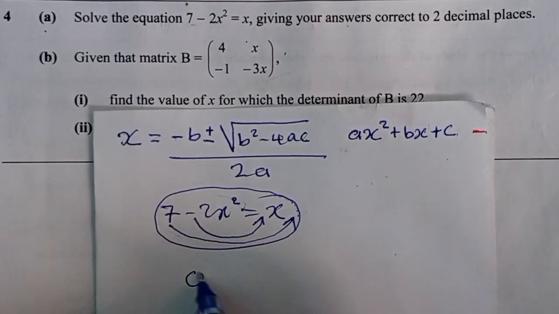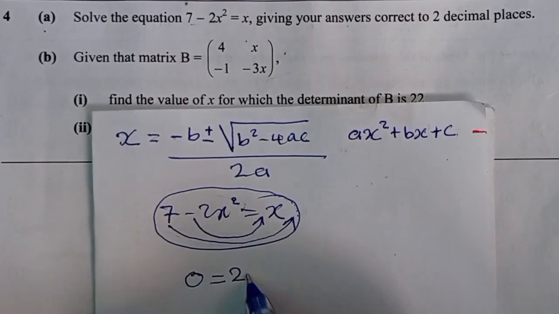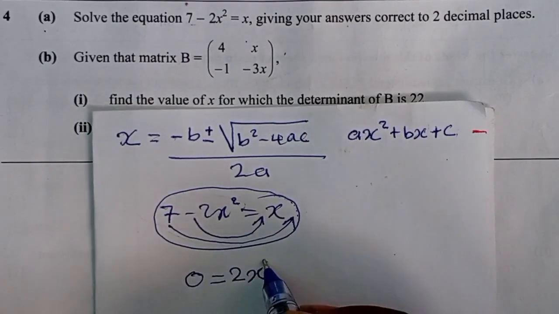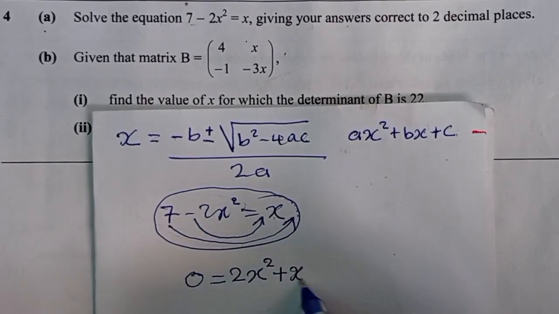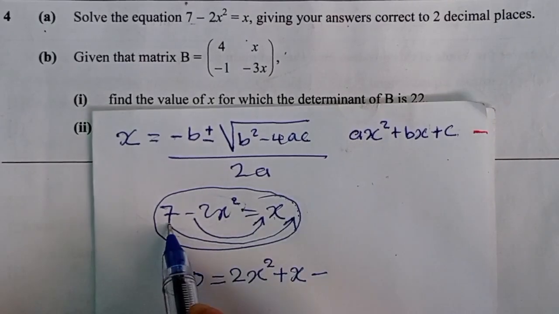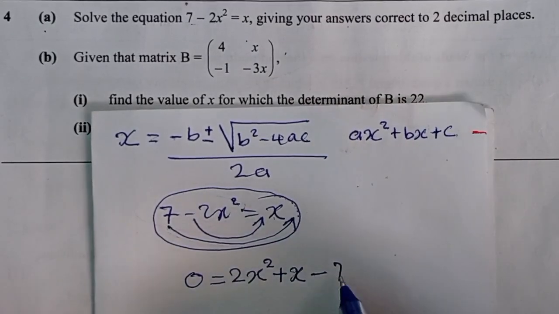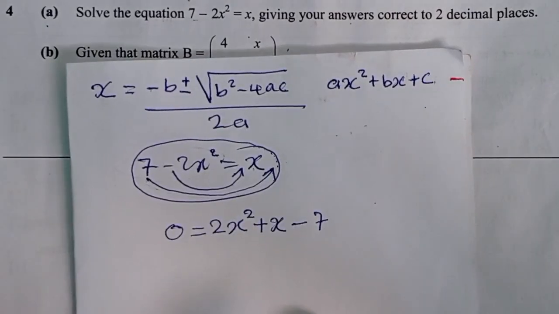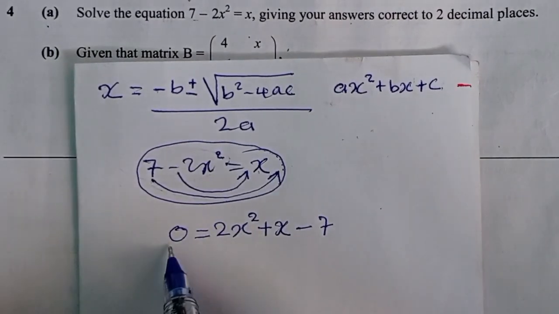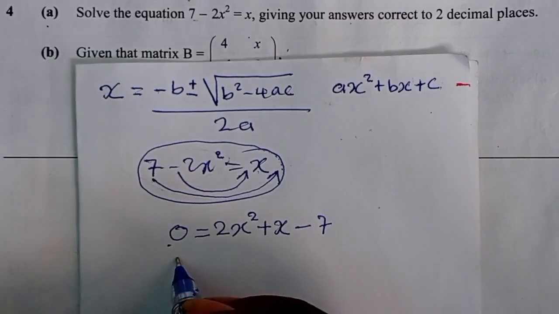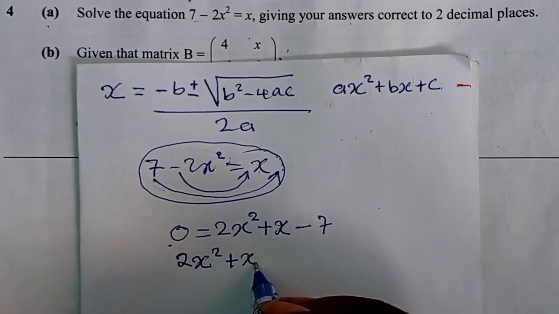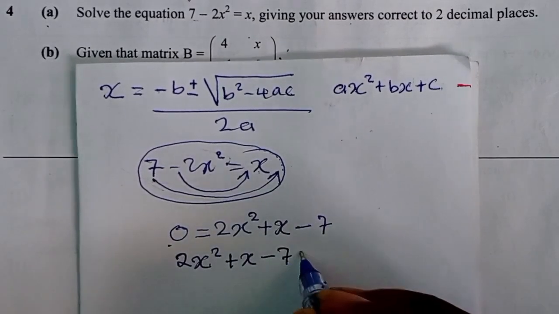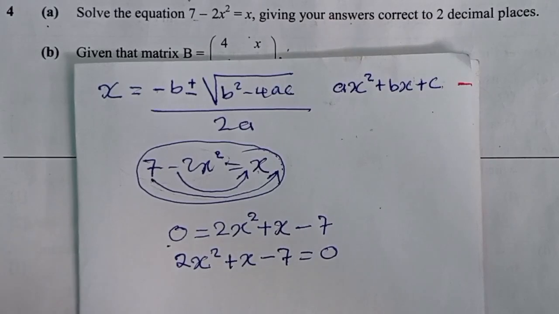So 0 equals positive 2x squared plus x, minus 7. Now this equation is the same as 2x squared plus x minus 7 equal to 0. So now let's go to the formula.